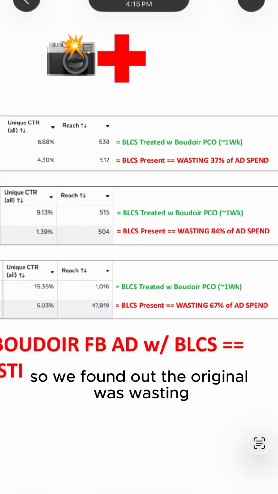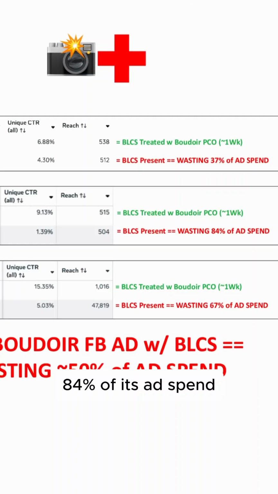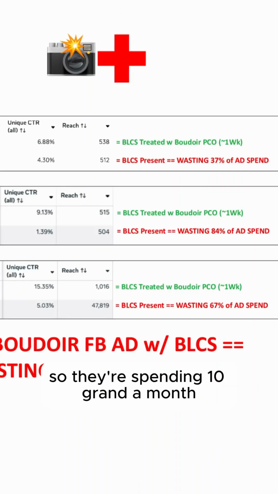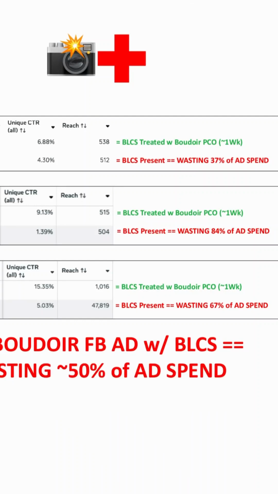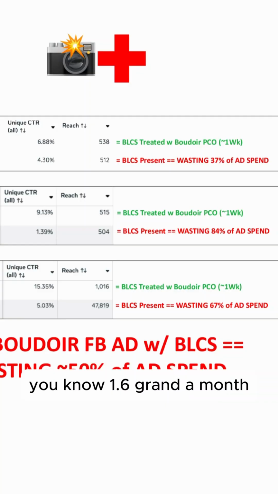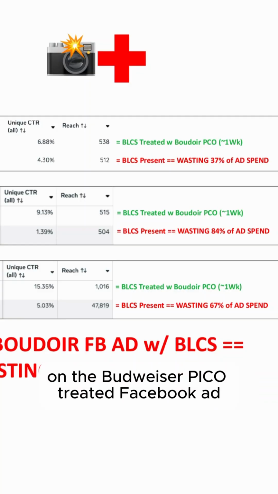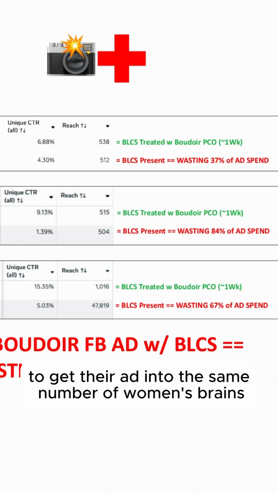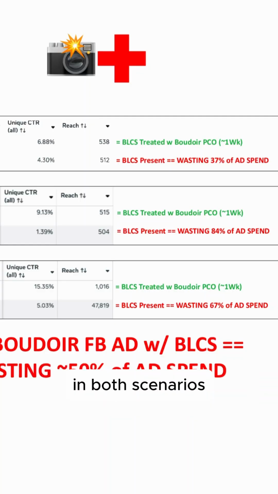So we found out the original was wasting 84% of its ad spend. So say they're spending 10 grand a month on the original Boudoir Facebook ad. Now they only need to spend $1,600, 1.6 grand a month, on the Boudoir Pico treated Facebook ad to get their ad into the same number of women's brains in both scenarios.